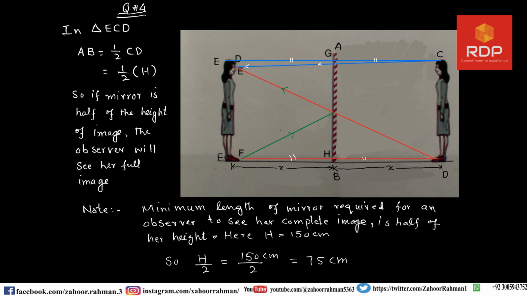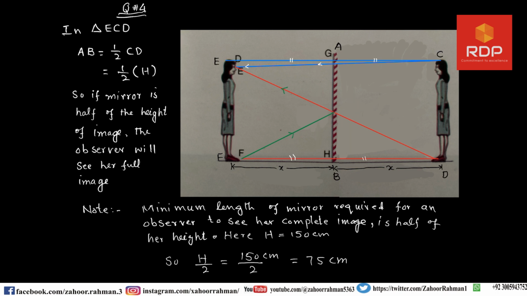So let us calculate that. I have written at the top that there is a triangle E, C and D, which is this one. You can see that this AB is intersected at the middle.